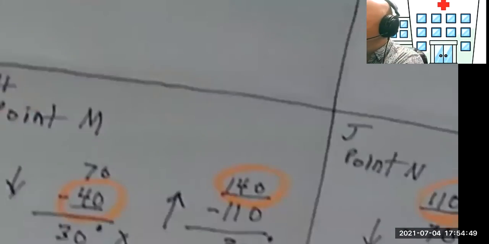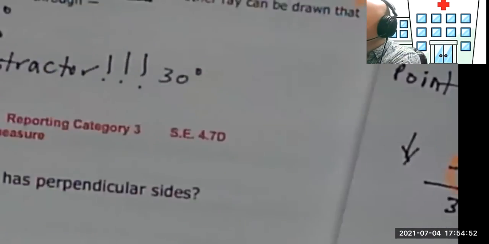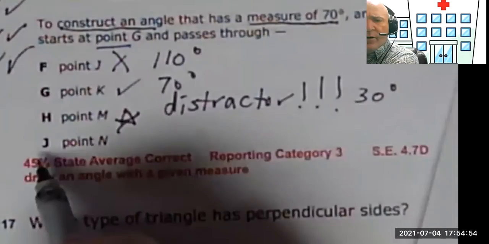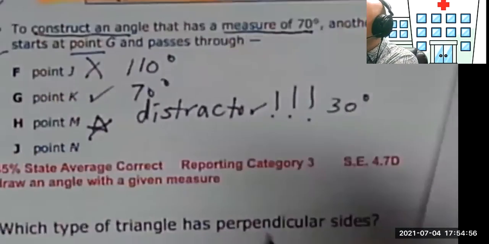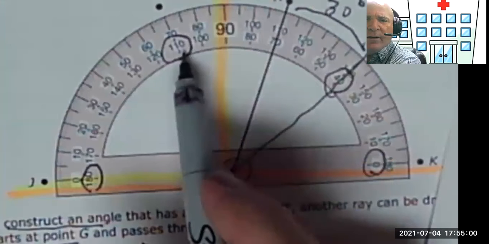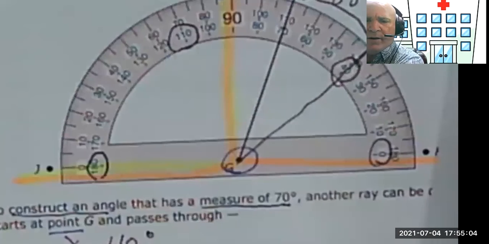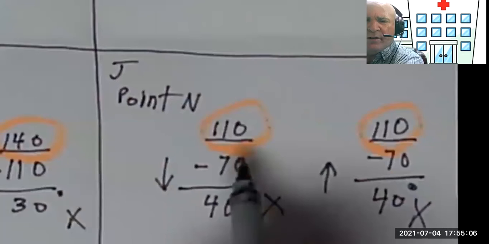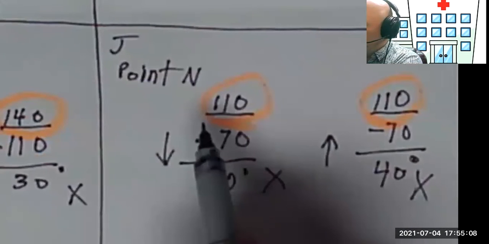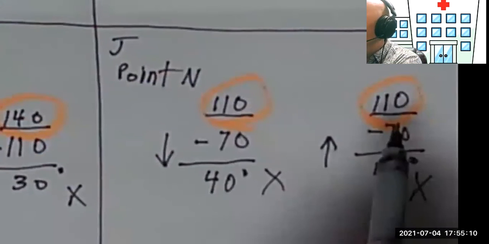And your last one says letter J, point N. And so point N has 110 on the bottom and a 70 on the top. There's your 110 on the bottom, and there's your 100, sorry, what did I do wrong here?